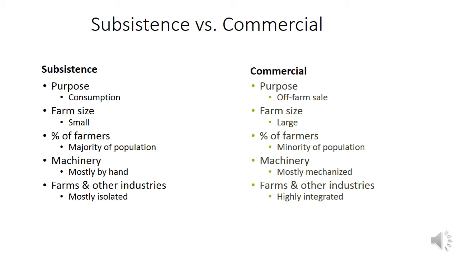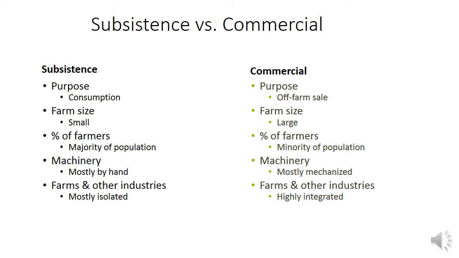There's not enough industrial jobs or service jobs for these people to transition into, right? So the bulk of your economy might be based still around agriculture. In a commercial area, the number of farmers is going to comprise a minority of the population, right? 2 to 5% in a lot of MDCs around the world. Think about the United States or Europe from your textbook. That being said, even though there's a very small percentage of the population farming, because they're assisted so much by machinery, they're able to get probably a lot more work done.